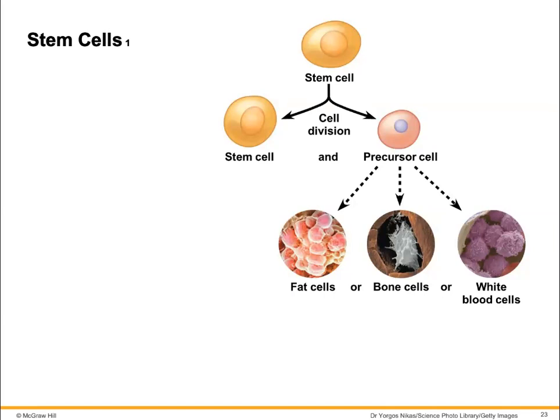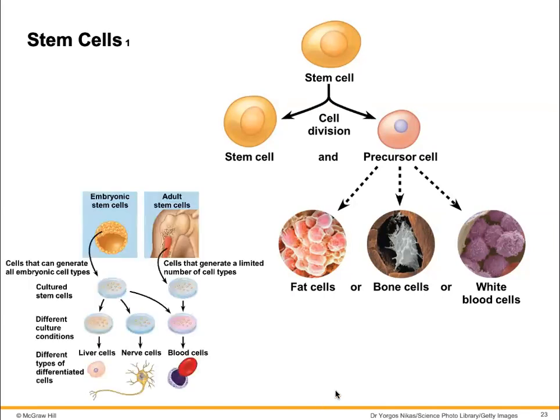Now, embryonic stem cells versus adult stem cells have some variations. Embryonic stem cells are totipotent, which means that they have the potential to develop into any type of fully differentiated cell. And these cells are of very early embryos.